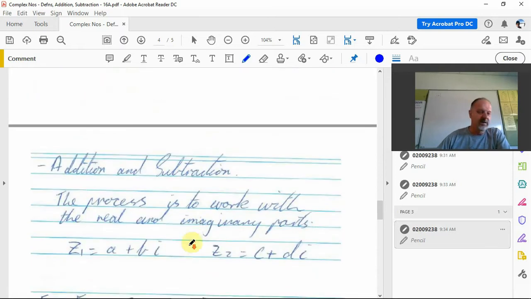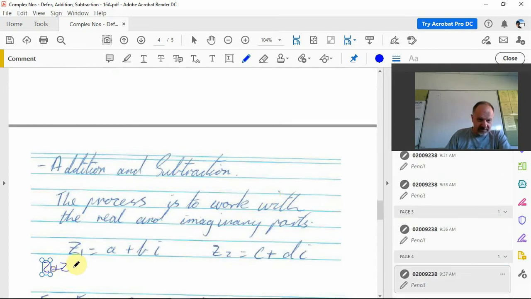All right, so really, I've gone straight into a question here. So if we've got, say, z1 plus z2, then what we would do is add our real parts together and add our imaginary parts together.